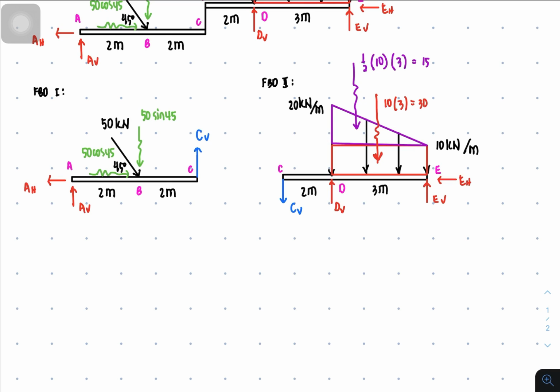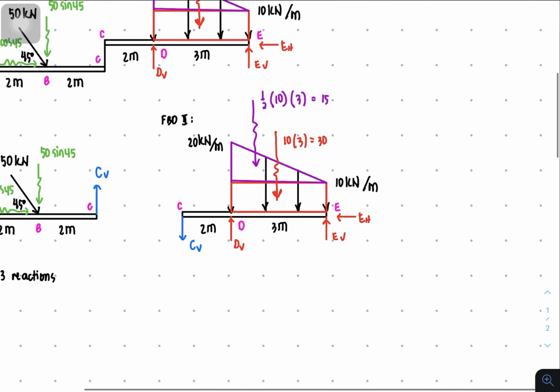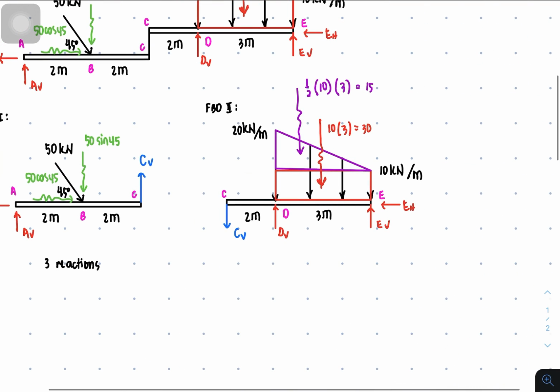So in this case, we have 1, 2, and 3. So there are 3 reactions here. And then from the other free body diagram, the number of reactions is 1, 2, 3, and 4. So there are 4 reactions.